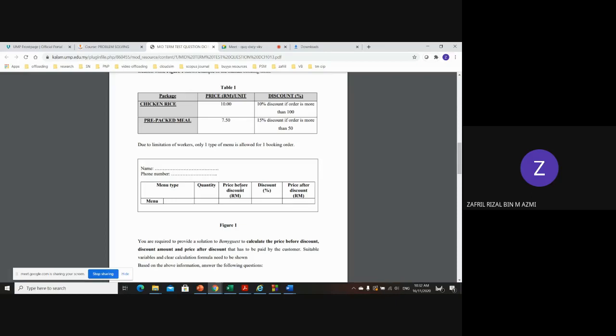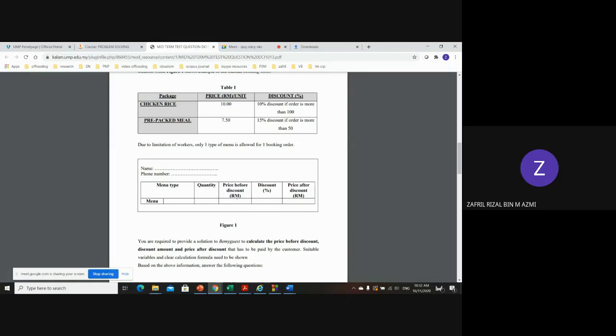If the user enters chicken rice, then price before discount equals 10 ringgit. Else, the price of the menu is equal to 7 ringgit 50 cent. There is a decision over there. So the price should be decided by the system by using a decision.